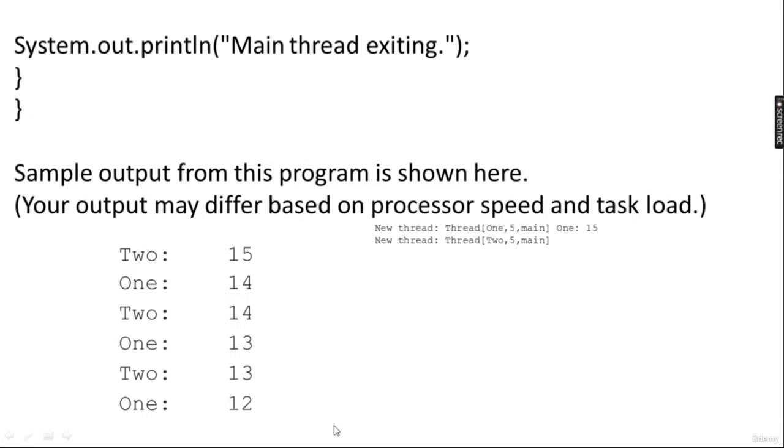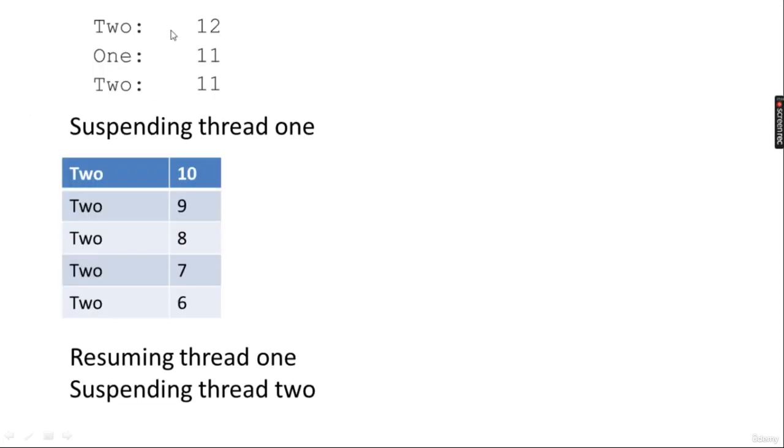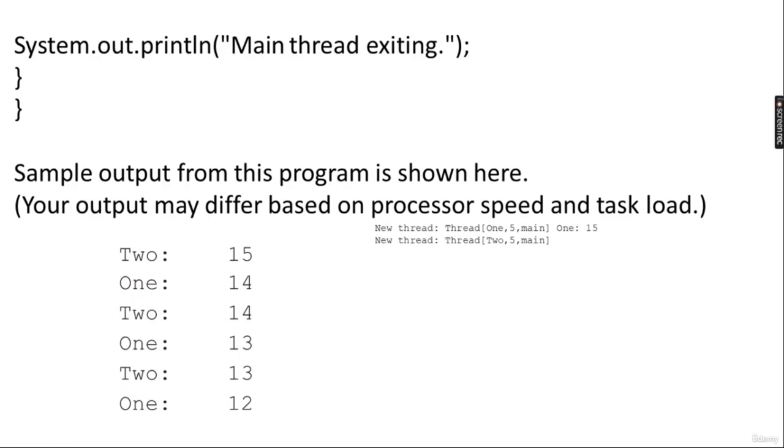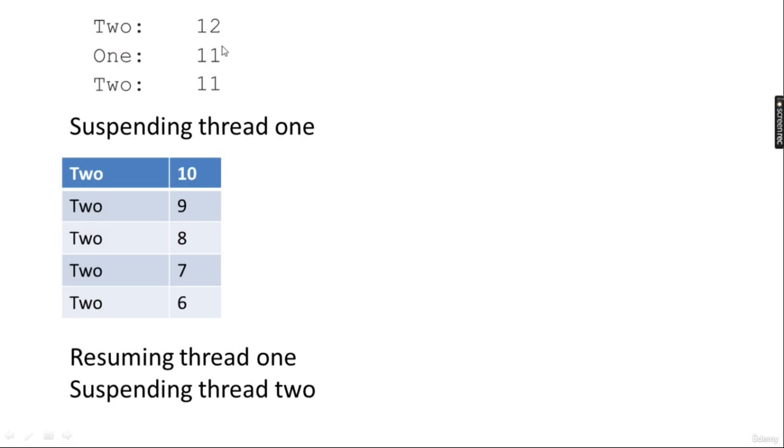Now, 2 is 12, 1 is 11, 2 is 11. Suspending thread 1 after 1 second. So after this much operation is done, from 15, 14, 13, 12 and 11, thread 1 is suspended.